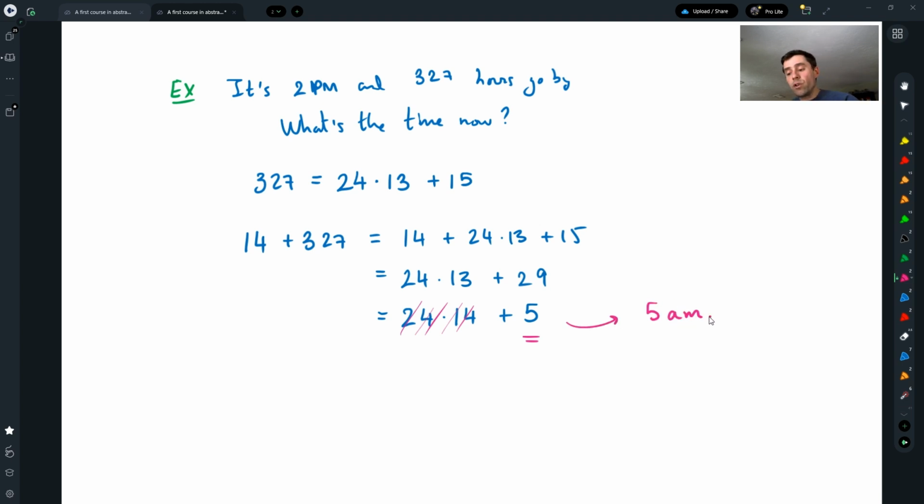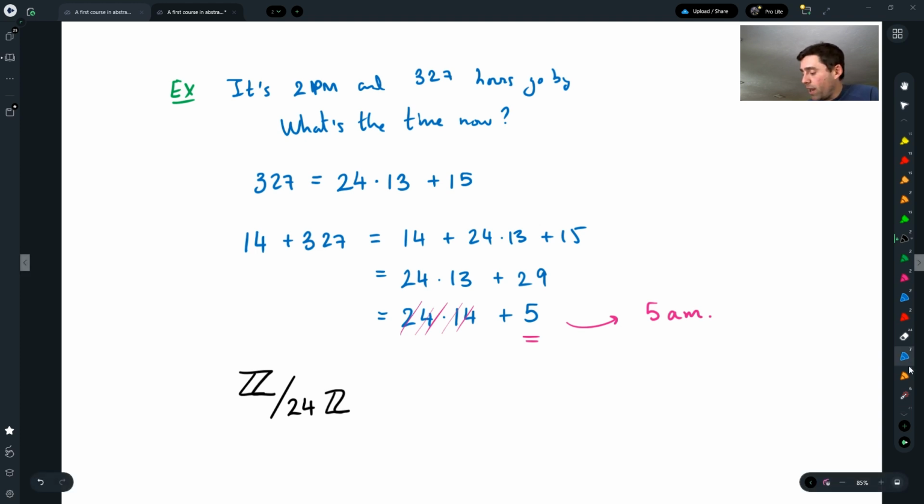So after 327 hours, we will reach 5 a.m. What's happened here is that we are just counting hours, disregarding multiples of 24. That is exactly what's happening here: we are working in what we call Z modulo 24Z, where I only care about the remainder of dividing a number by 24.